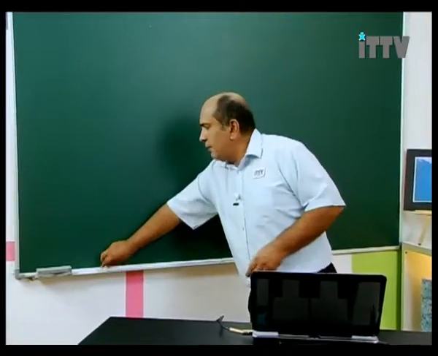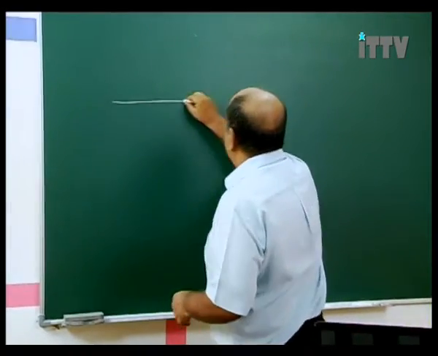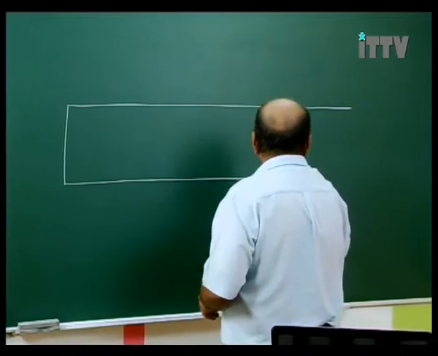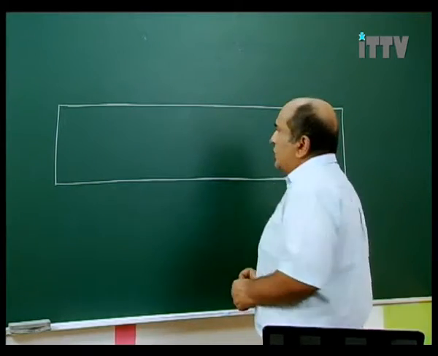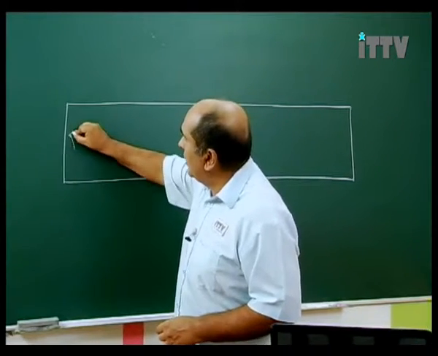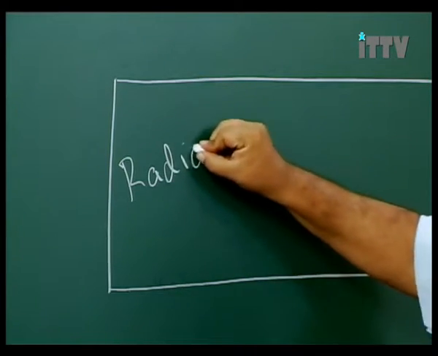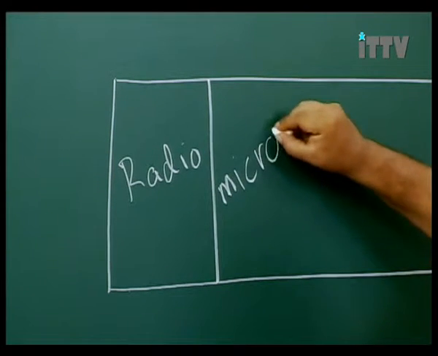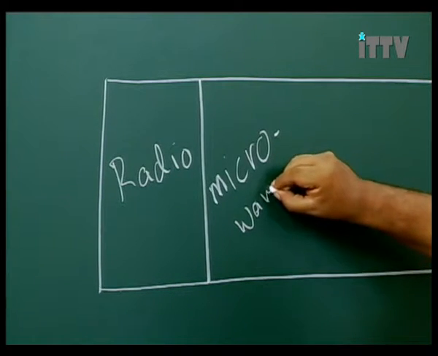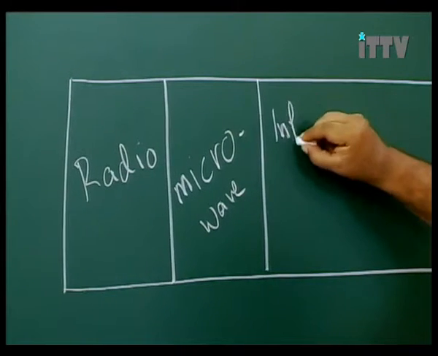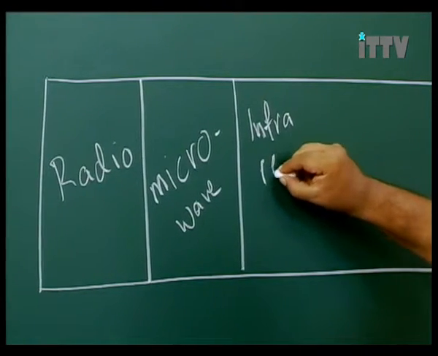Let's sketch this up on the board. If we start over here and move our way across the board, like so, we start off on the far left hand corner over here with our radio wave, which is then followed by microwave, which is then followed by infrared.